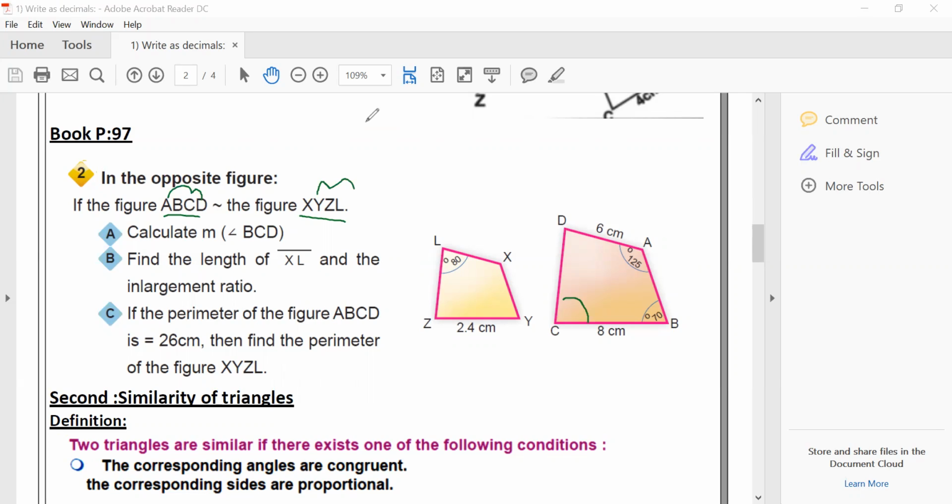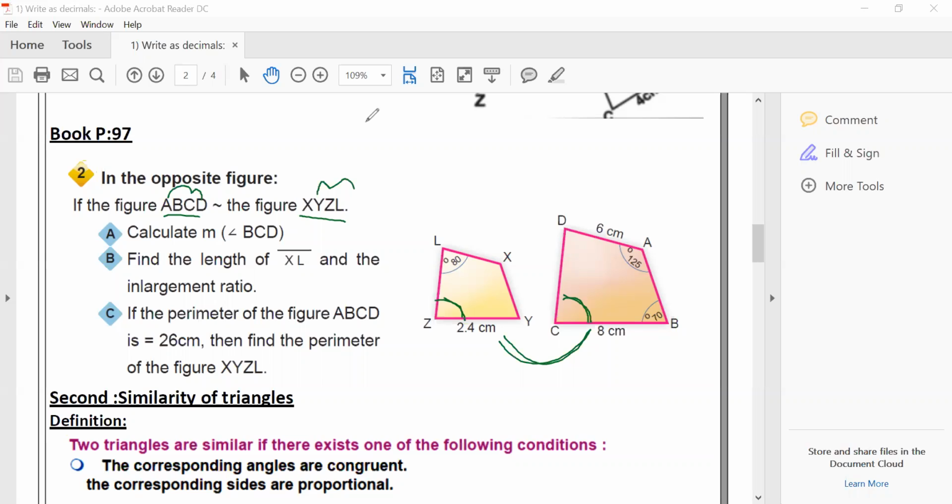Do you have YZL? No. But I want BCD. What will I do to get angle BCD? When I look at the second polygon, since they are similar, angle C is congruent to angle Z, but I don't find angle Z. Anyone has any idea how to start this one?